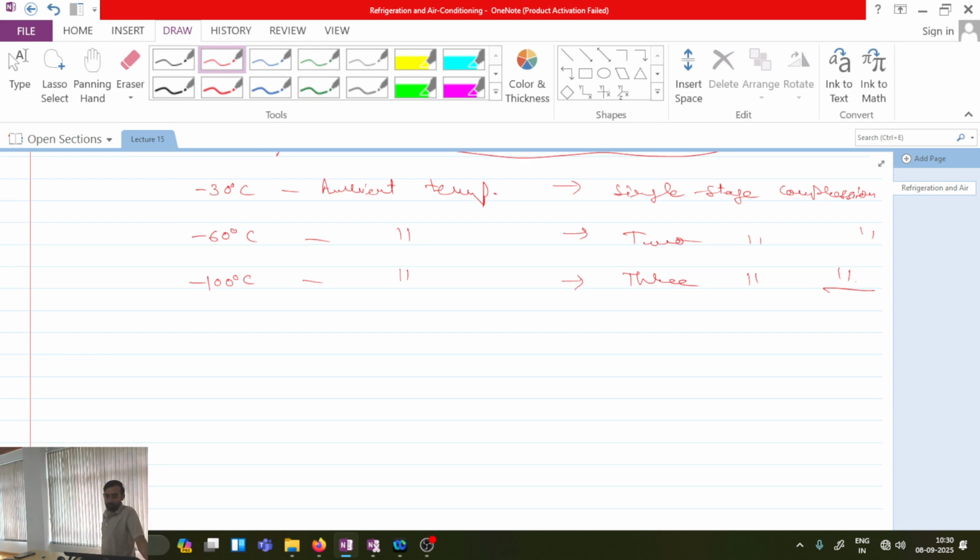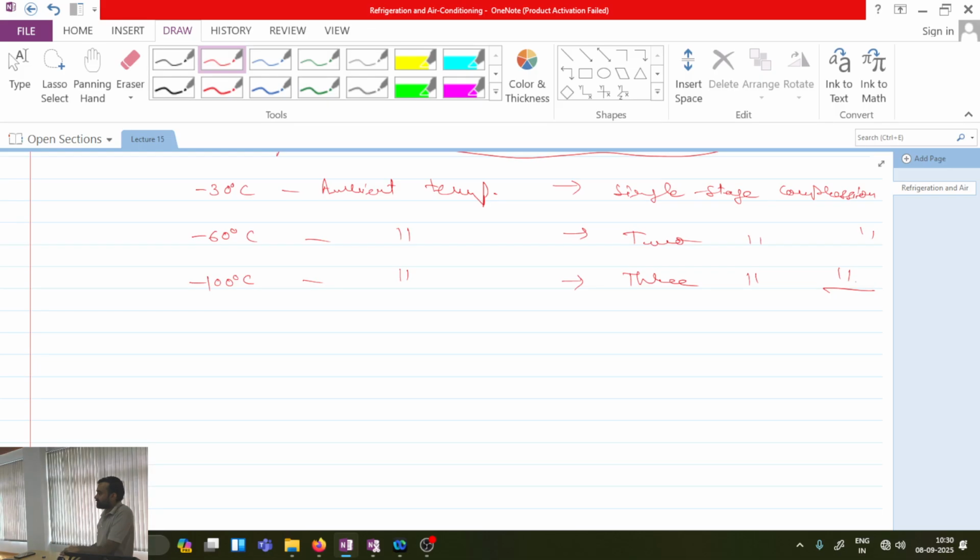Thermodynamically, if I keep increasing the stages, my system becomes more and more efficient. However, there is a practical limitation that we don't generally go beyond 3 stages.